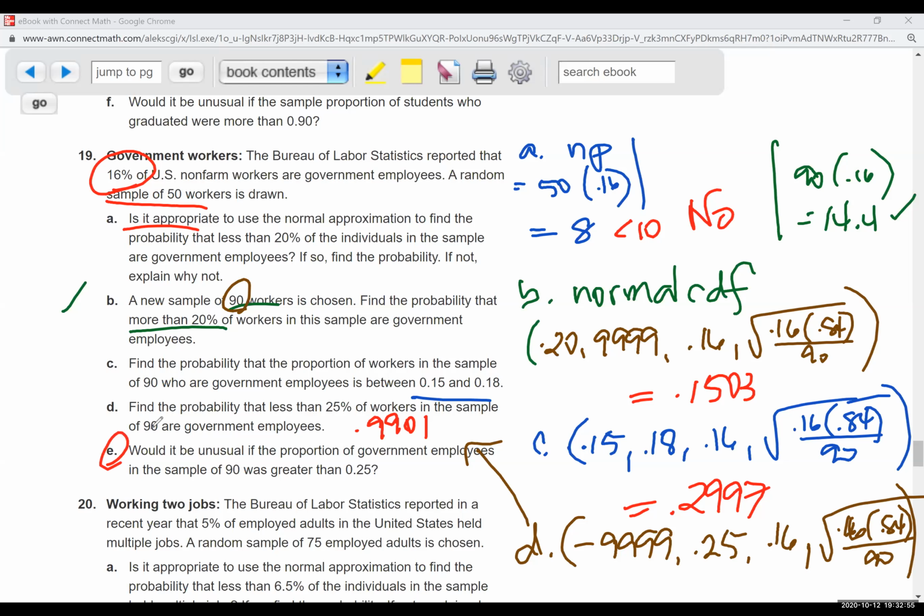And last one, letter E. Would it be unusual if the proportion of government employees in a sample of 90 was greater than 0.25?